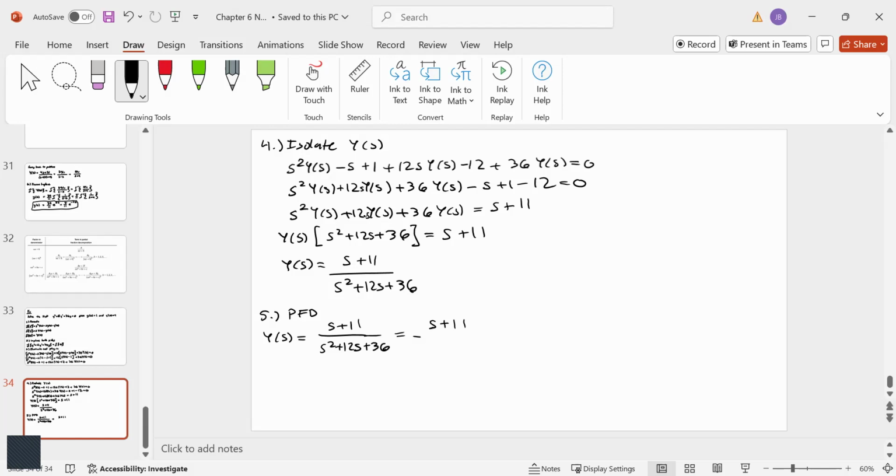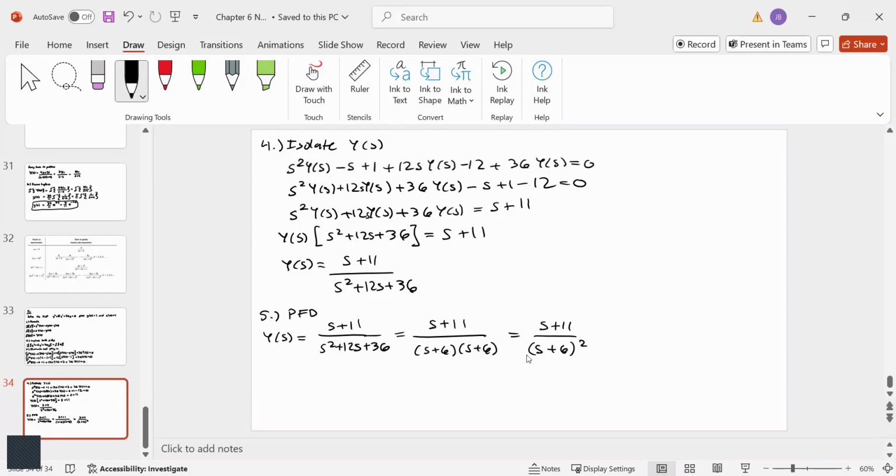So it factors out perfectly in terms of s plus 6 times s plus 6, which means we have two terms that are the same, which means we get s plus 11 over s plus 6 squared. Okay? So because we have a squared term, we are going to deal with a different type of partial fraction decomposition here.